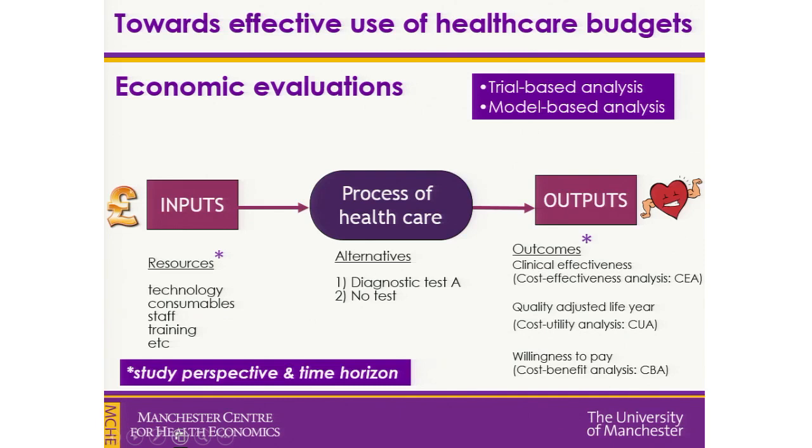But the shorthand we tend to use is trial-based, implying it's new data that you're collecting. The other method is model-based analysis, and this is often perhaps more useful, and Wolf's presentation will explain why we tend to focus on using model-based analysis rather than trial-based analyses.